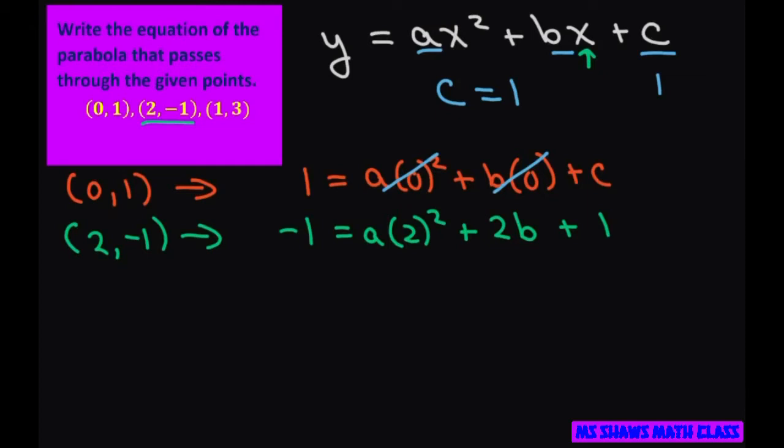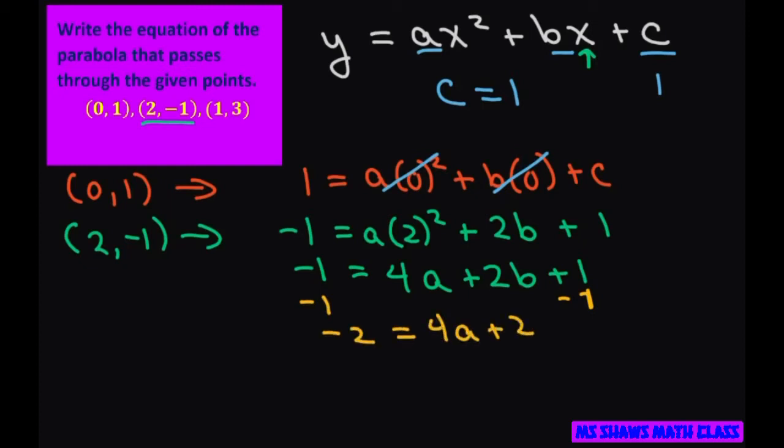So what we get here is negative 1 equals 4a plus 2b plus 1. If I subtract 1 from both sides, I get negative 2 equals 4a plus 2b.